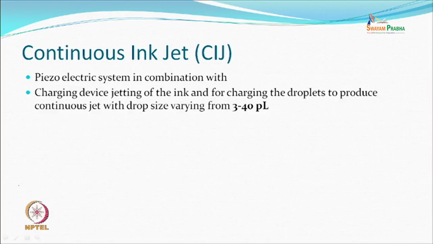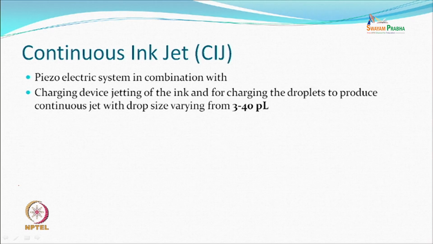One interesting thing is that the jet is continuous, it does not stop. You may have a high frequency signal coming, and every time the signal comes, the jet just keeps coming. Continuously the drops are being formed and thrown. When they are being thrown, we have to do something about it. So droplets are charged. You can charge them.